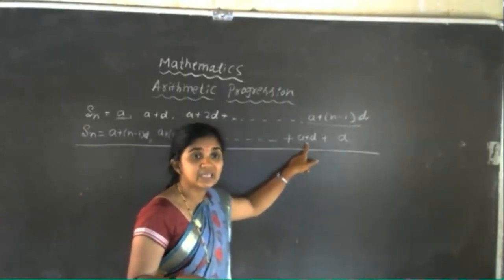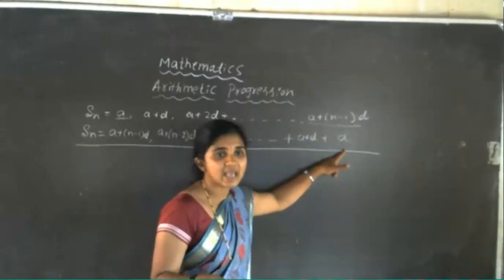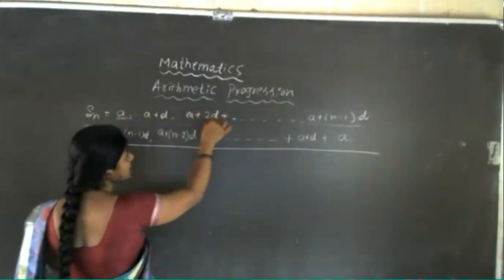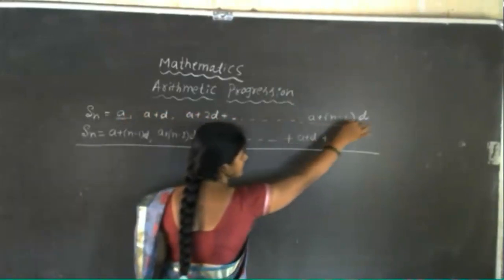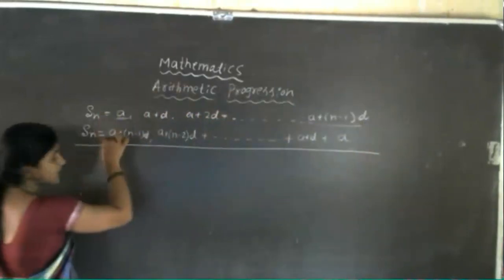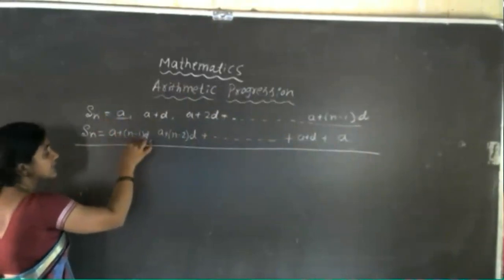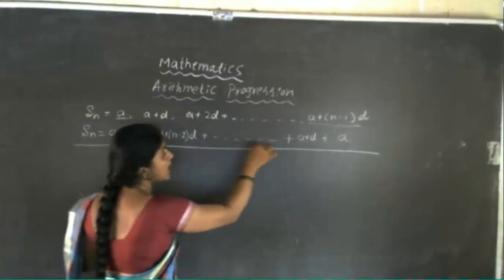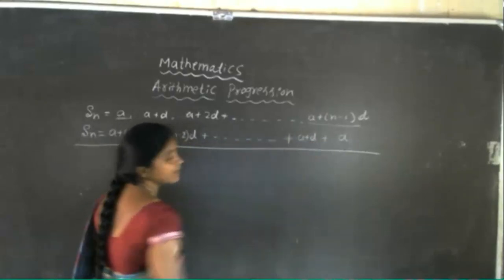A plus D, and the last term is A. Got the idea of this one? This is A, A plus D, A plus 2D, and so on up to A plus n minus 1 into D. So in reverse order, A plus n minus 1 into D, A plus n minus 2 into D, and so on up to A plus D, then A.